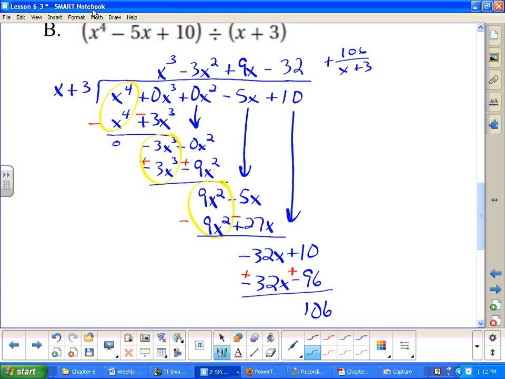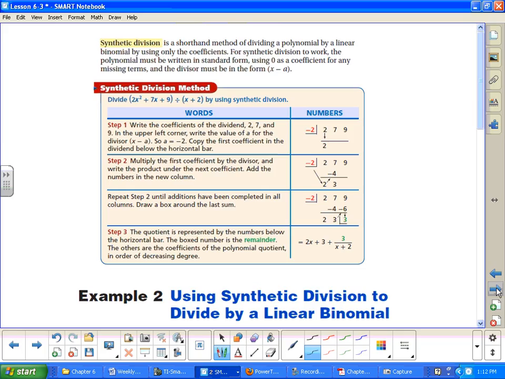All right, well, there's this other thing called synthetic division, and we're going to use this example B here for me to show you synthetic division. With synthetic division, we're actually going to use what makes this equal to 0.